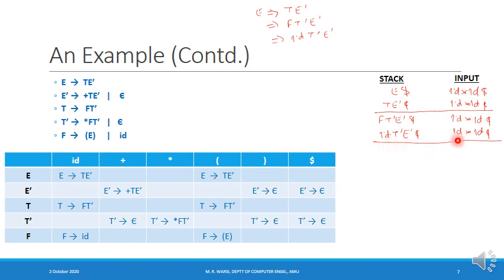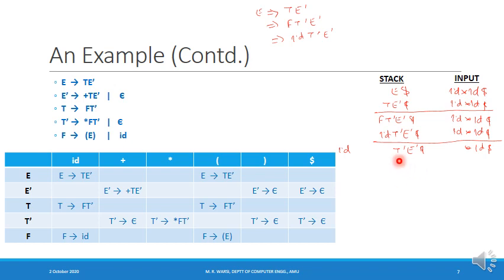So this part has already been matched. It will be eliminated from the input buffer, and it will be popped off from the stack. So this part has already been matched, and now my stack is containing this, and the buffer is holding this.